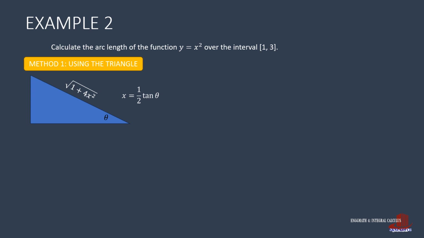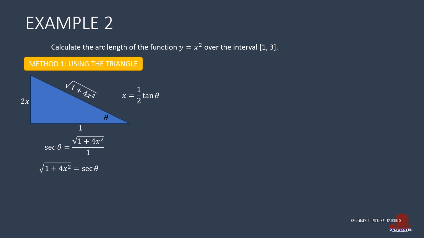Tangent is opposite all over adjacent, so 2x is the opposite side from theta, and 1 is the adjacent. First, we take secant of theta, that is the hypotenuse all over the adjacent side, which are the root of 1 plus 4x squared all over 1, or simply root of 1 plus 4x squared as secant theta.